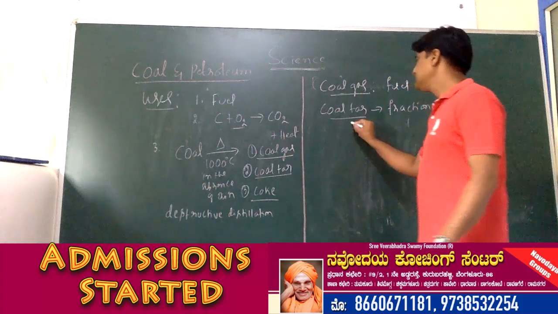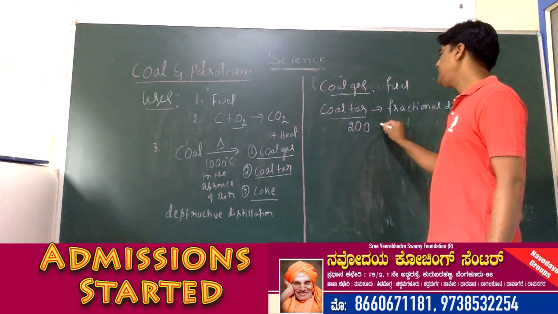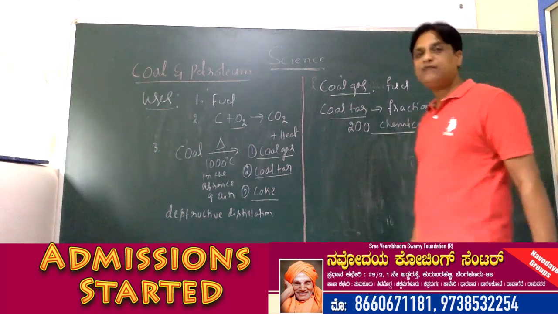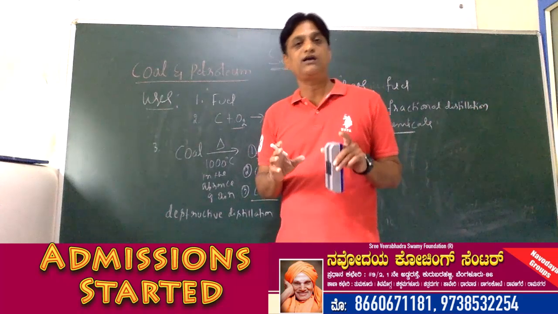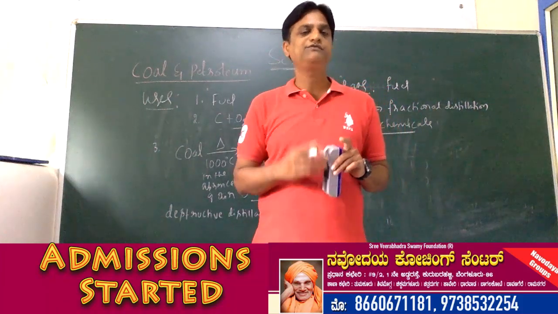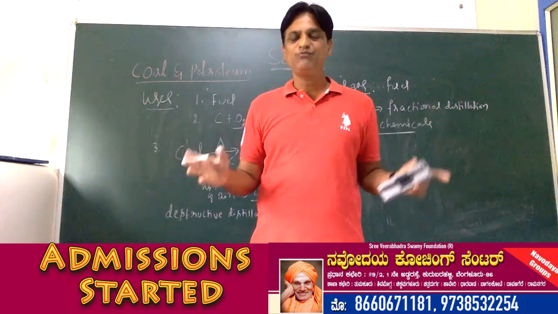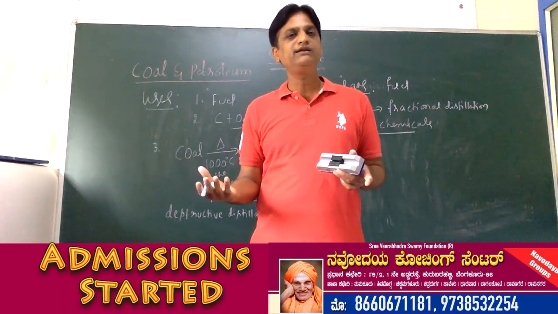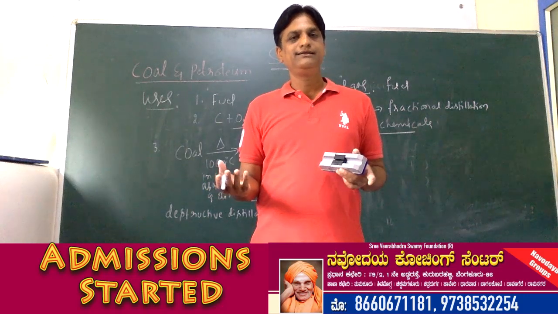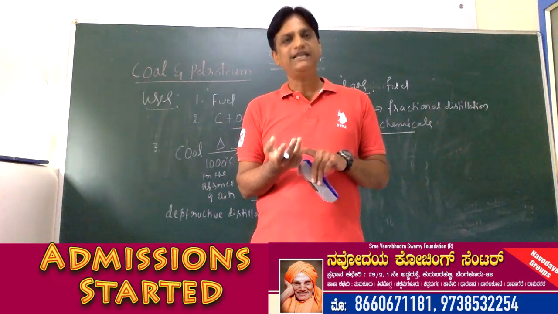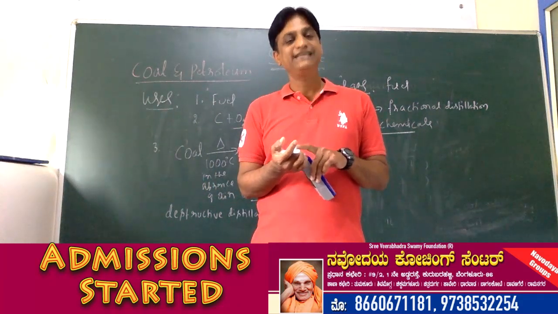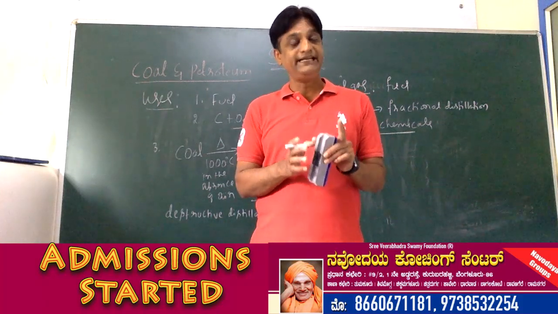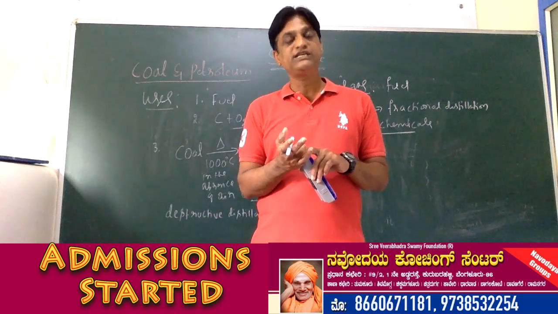See, coal tar contains nearly 200 important chemicals which can be used as the starting materials for preparing a number of useful products. See, most of the products that we use in our day-to-day life are actually obtained from coal tar only. That is fertilizers, pesticides, insecticides, cosmetics, soaps, detergents, explosives.